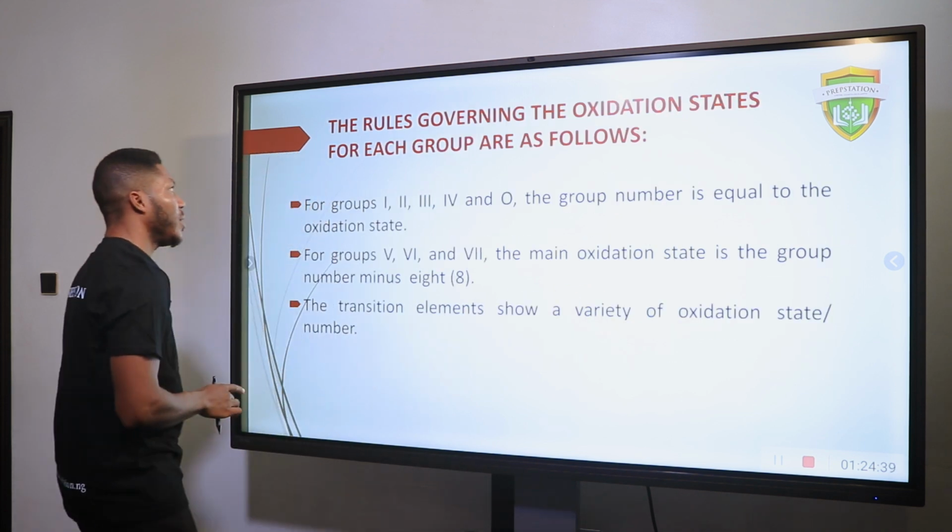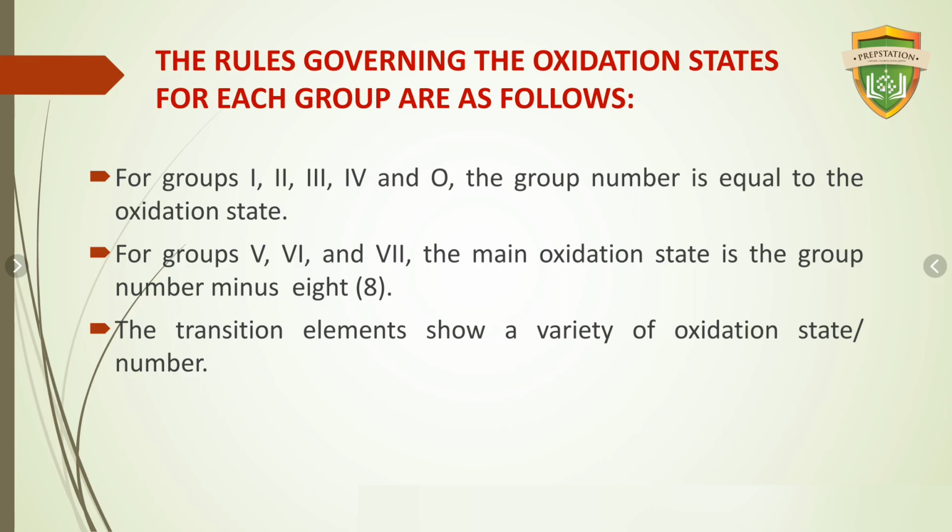It's self-explanatory. Okay, now these are the rules of assigning their charges, otherwise known as oxidation states. So for groups 1, 2, 3, 4, and 0, their group numbers are their oxidation states or charges. Don't forget. If the element belongs to group 1, it has a charge of +1.